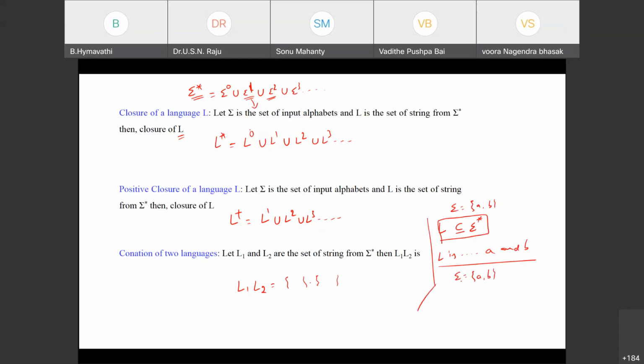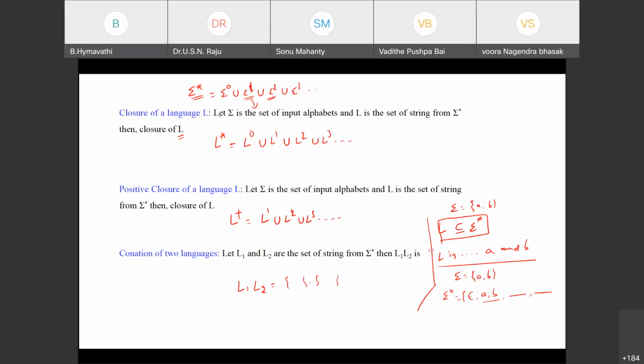Then what are the strings in sigma star? Epsilon, then strings of length 1, length 2, length 3, and so on. Out of that, those which start with a and end with b are considered as language L. I think all of you remember this. Is it right? Yes, sir.